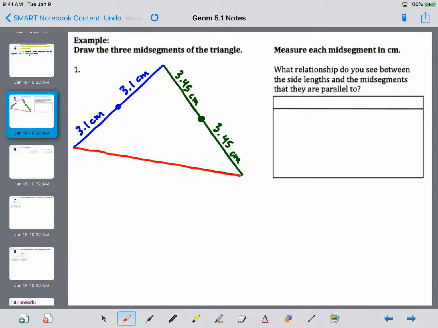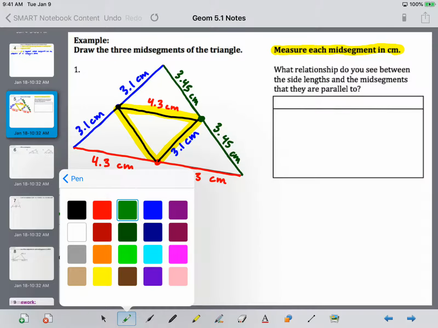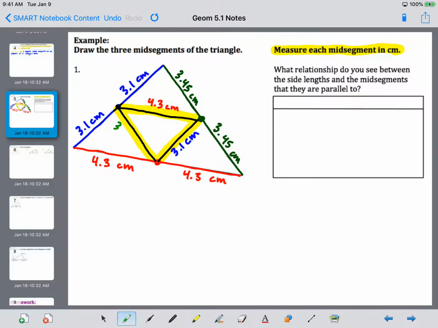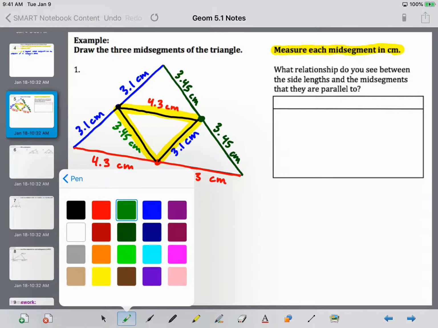If you measure this one accurately, you should find that that one is 3.1 centimeters long. And lastly, if you measure this mid-segment, you should, as you can probably guess, find that that one is 3.45 centimeters.